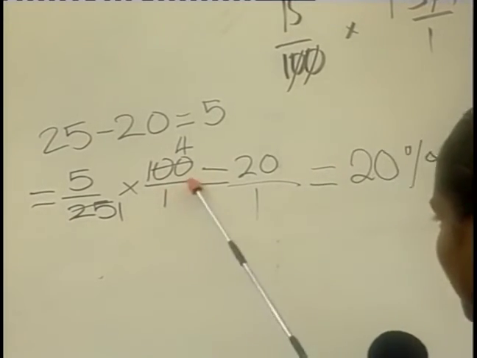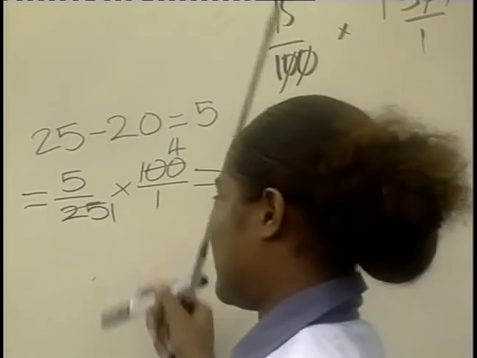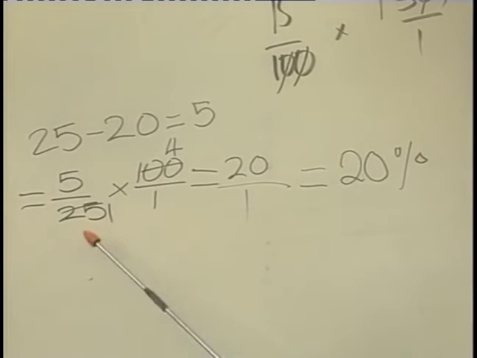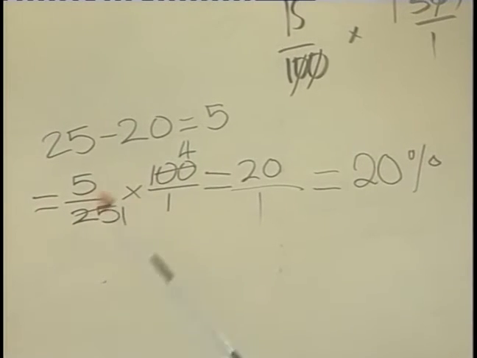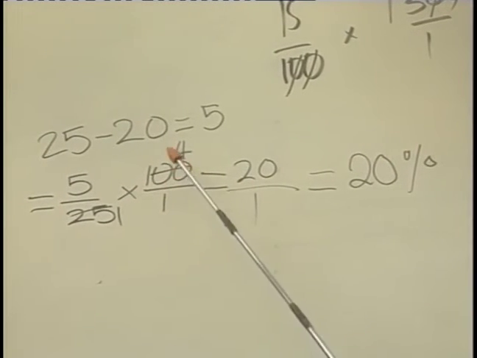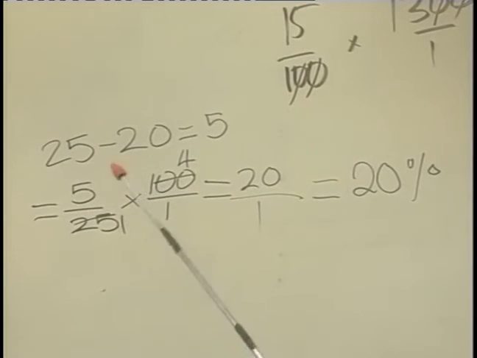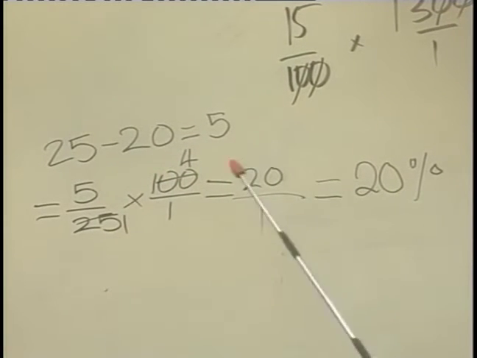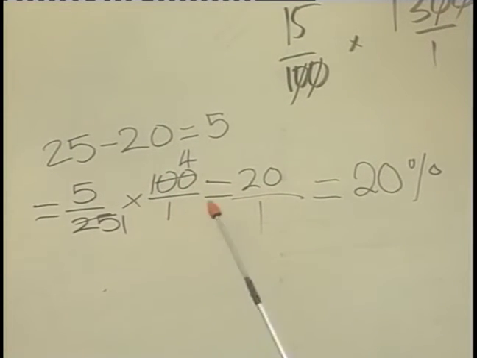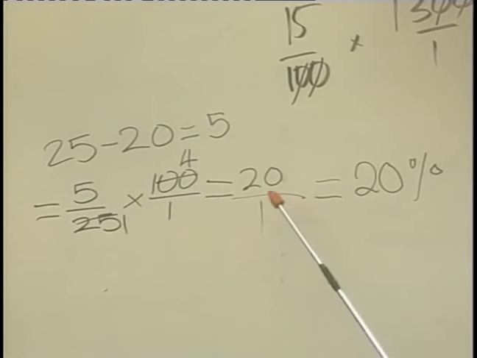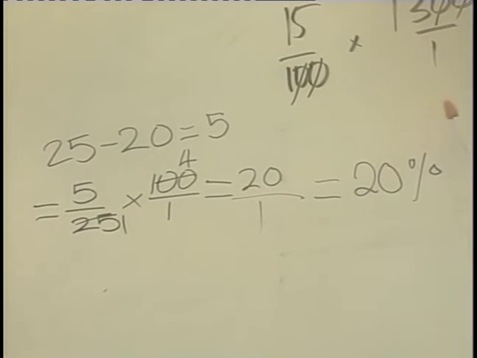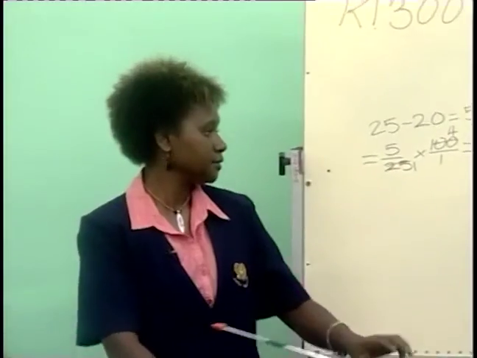Then find the common factor, which is 25. 25 into 25 is 1. 25 into 100 is 4 times. So you multiply across, 5 times 4 is 20. 1 times 1 is 1. Get 20 over 1 is equals to 20 percent.